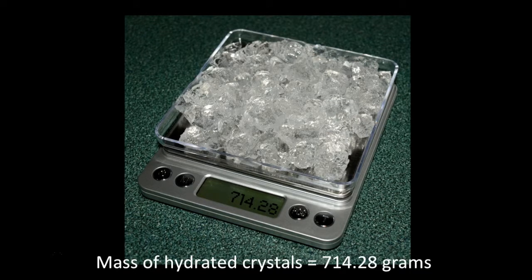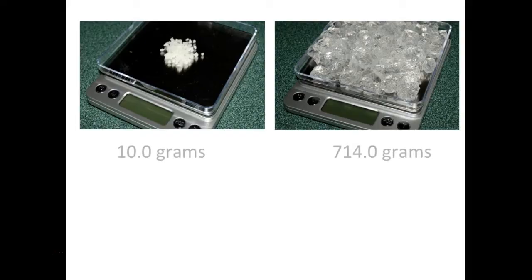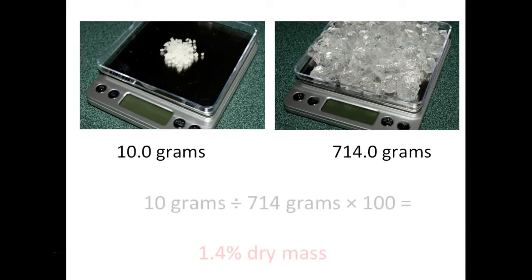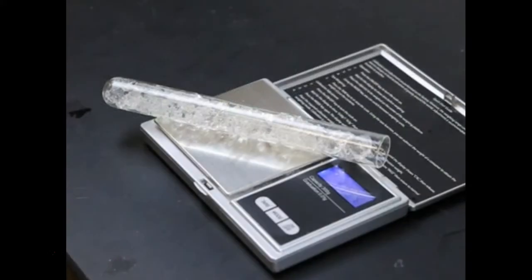Once we know both the total mass of a mixture and its dry mass, we can calculate the percent dry mass. This percentage can be used to estimate dry mass in the future. Knowing the dry mass percentage, we can estimate the solid mass that is in any amount of gel mixture. We can now figure out dry mass of a mixture when we add water to a dried substance.